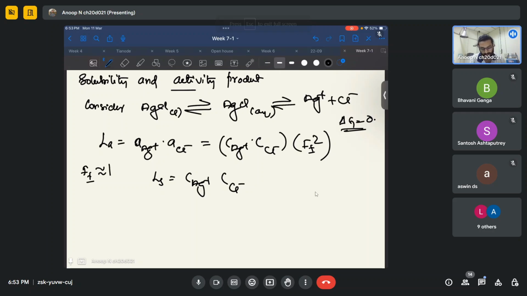So we can also write the solubility product, where C Ag plus is equal to C Cl minus is equal to solubility, so in this case the solubility product will be S square.